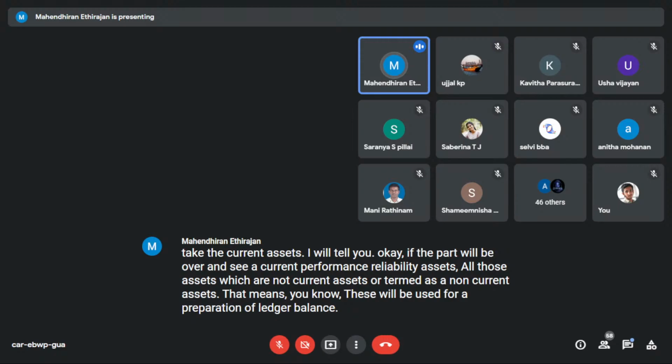Point number three: proposed dividend and provision for taxation given in the balance sheet and also given in the adjustments.